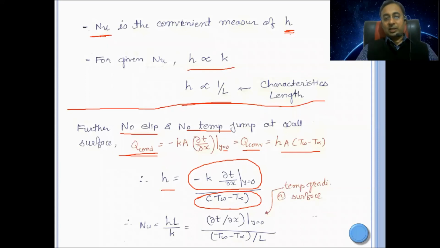So if we rearrange the term, Nusselt number may be defined as the temperature gradient at the surface.